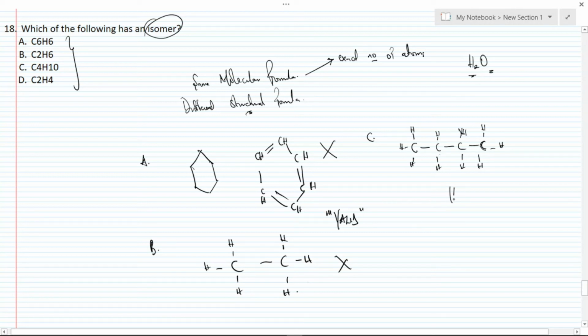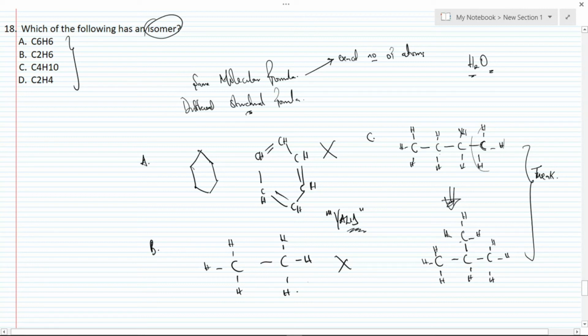So we can have something like this basically. So we can have still the same 4 carbon atoms and 10 hydrogen atoms. What just happened here is we've been able to tweak the structure. We pretty much moved this ending carbon to the second carbon, and we still happen to have a valid structure.